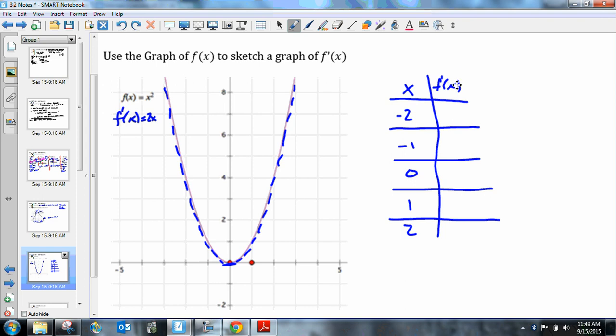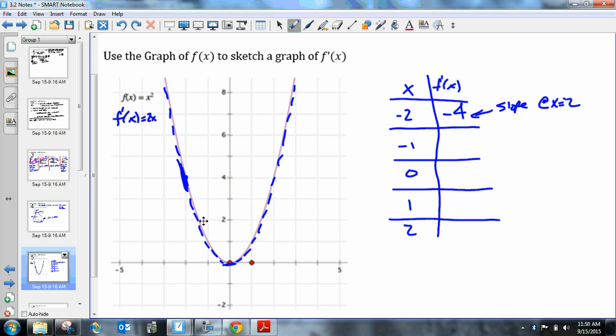Remember, the derivative is something that generates the slope of the tangent line. So let's look at -2. At this point right here, what is the slope of this tangent line at -2? Well, if I plug in -2 into this function, I get a slope of -4. This is the slope at x equals -2.